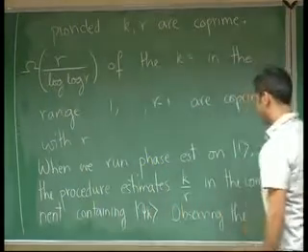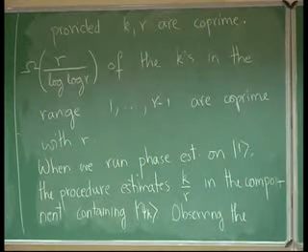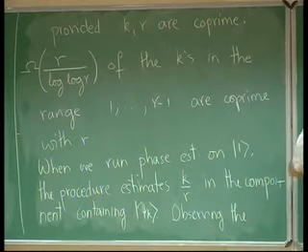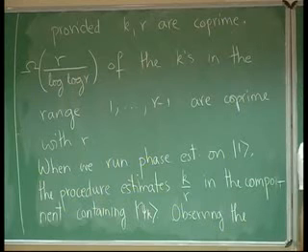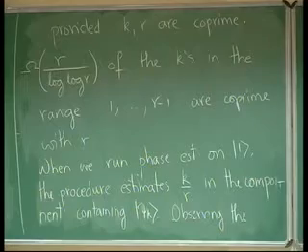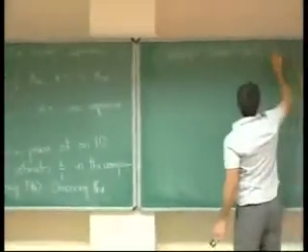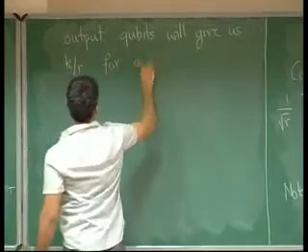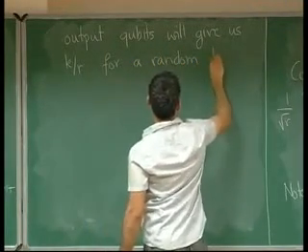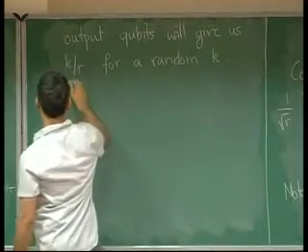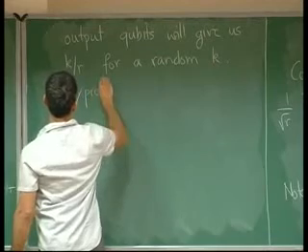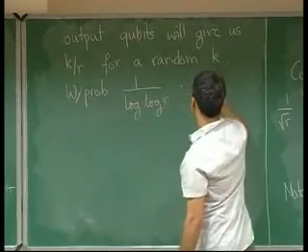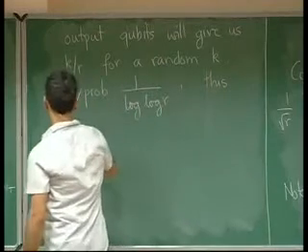Observing the output will give you k over r for a random k. And with probability 1 over log r, this gives us the correct r.